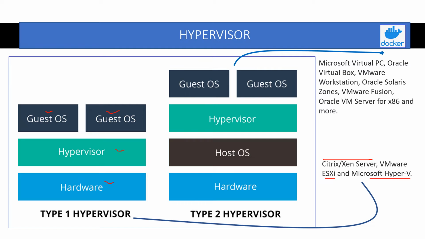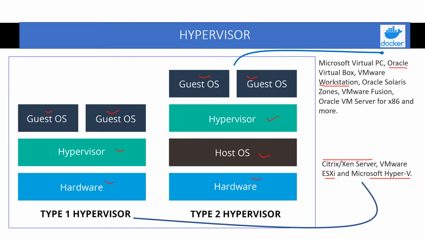Coming back to the type 2 hypervisor, it runs on top of the OS. So you have hardware, on top of that you run some sort of OS, and then you run the hypervisor. On top of the hypervisor you run your guest OS. Great examples are Oracle VirtualBox, which you can install on your OS, and VMware Workstation.